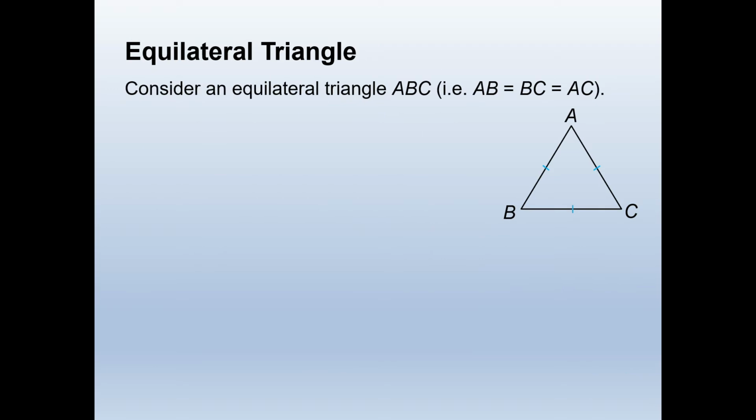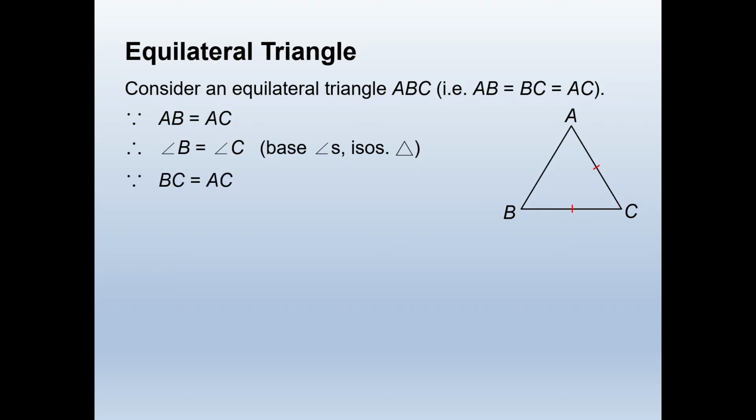So let's consider this figure. It is an equilateral triangle ABC. If we look at AB and AC, they are equal sides. Then we can deduce that angle B equals angle C using the base angles of an isosceles triangle.